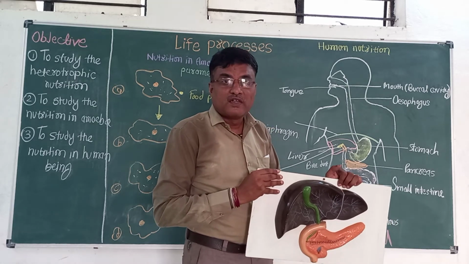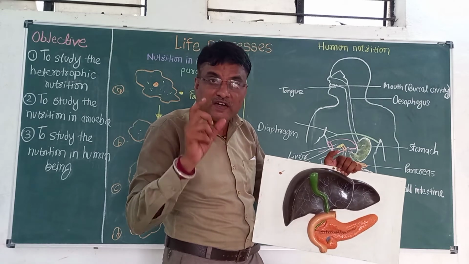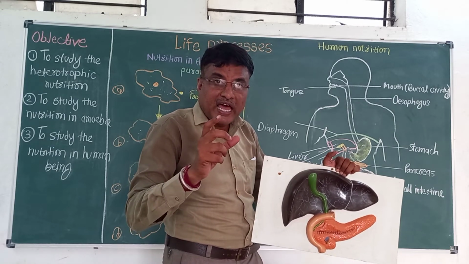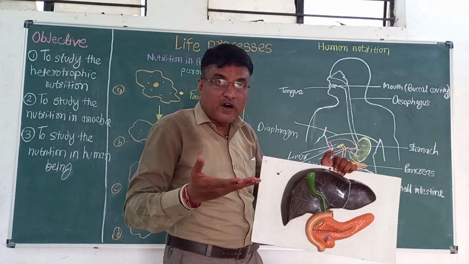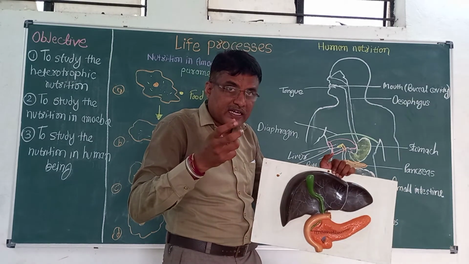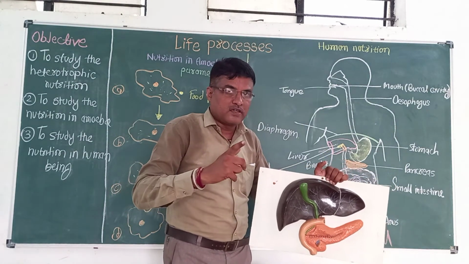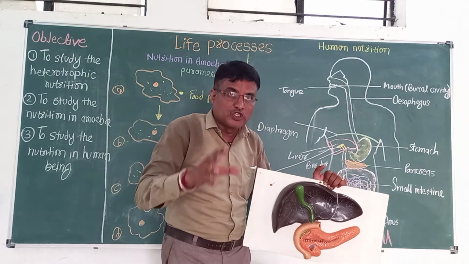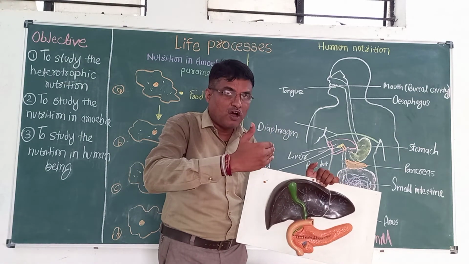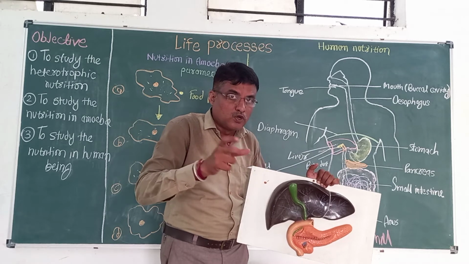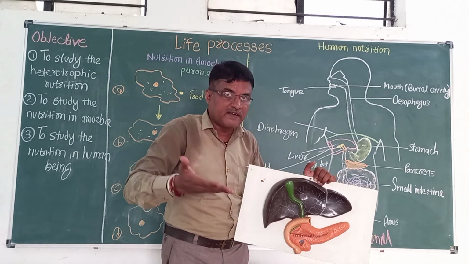And also, fats and oils in the food have large globules, and it is very difficult for the enzymes to digest those large globules. For that, bile salt present in the bile juice converts that large globules of fat or oil into small globules, and that is easy for the enzyme.